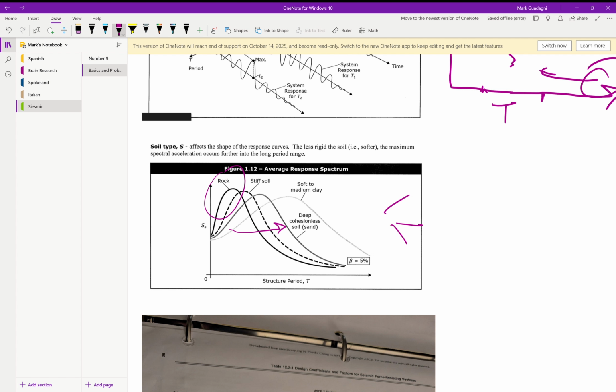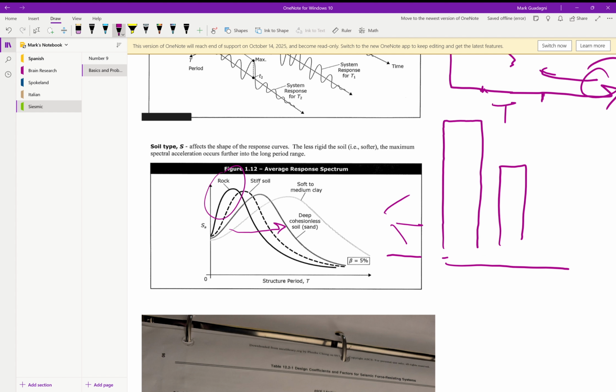And then also you will see that, for instance, in the Mexico City earthquake, the ground material amplified earthquakes for a certain structure period.